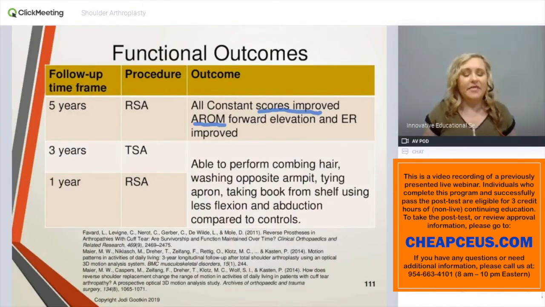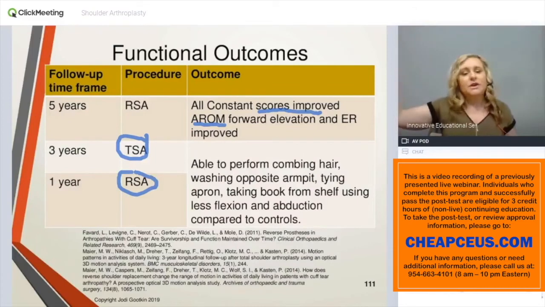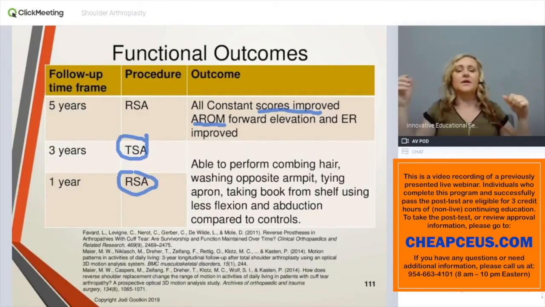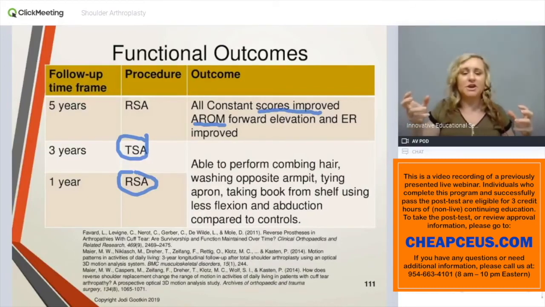There was an interesting study that looked at how patients are performing their activities. And again, they're looking at both the reverse and the total shoulder placements 1 and 3 years out from therapy. They're able to do their different overhead ADLs, combing their hair, reaching for something off the shelf.